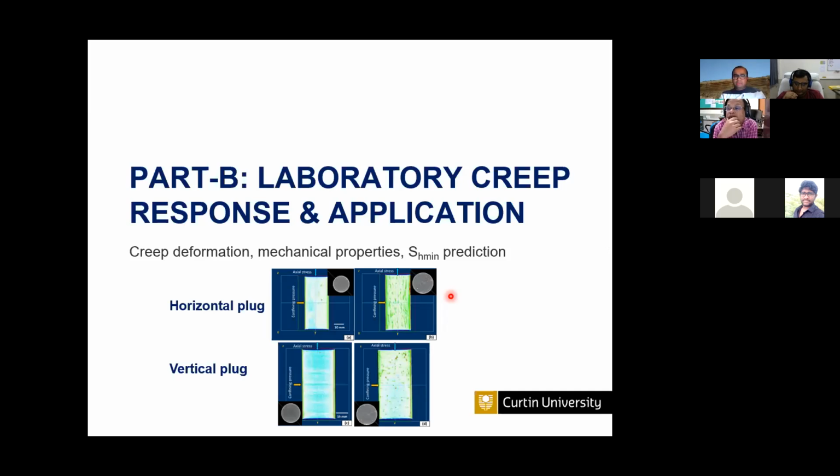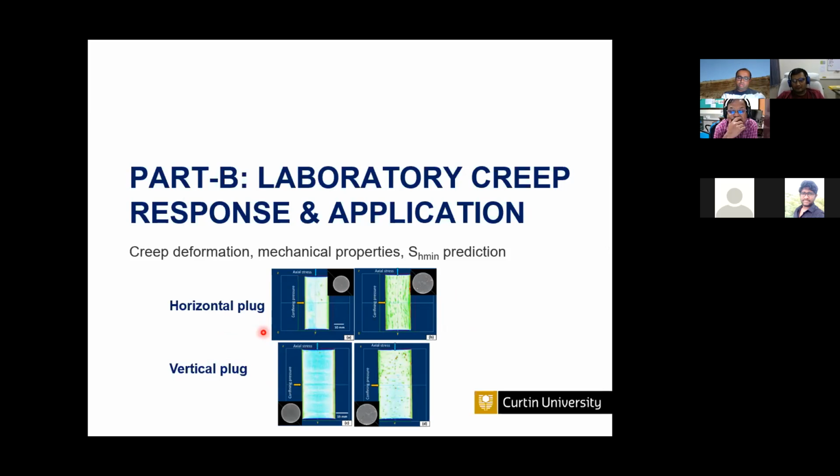Now coming back to this laboratory creep response section, how the creep deformation can be explained and interpreted from the data, and its mechanical properties. The example I'm going to show is this SAG prediction. In this case, I'm showing some CT scan images of the samples which have been extracted in two orientations: vertical orientation, perpendicular to the bedding, and another parallel to the bedding.